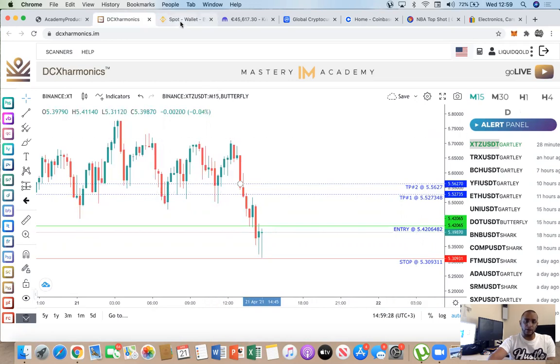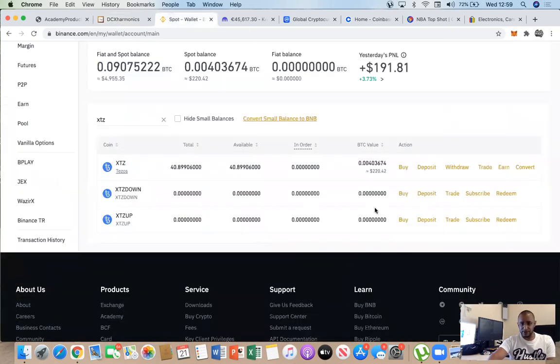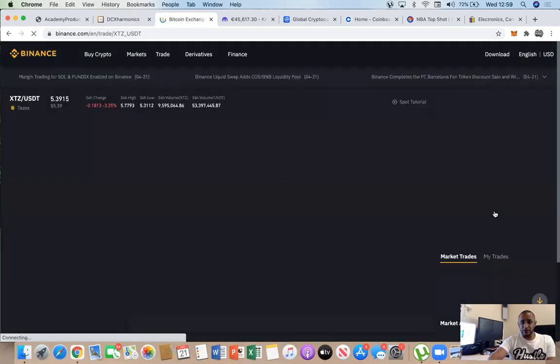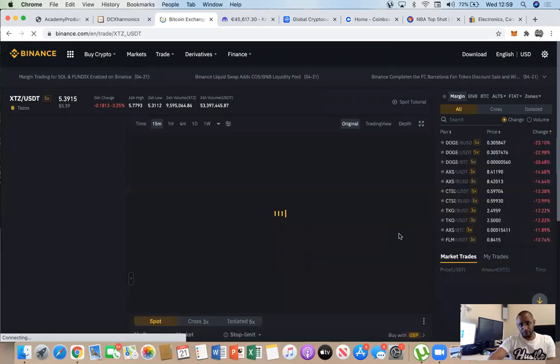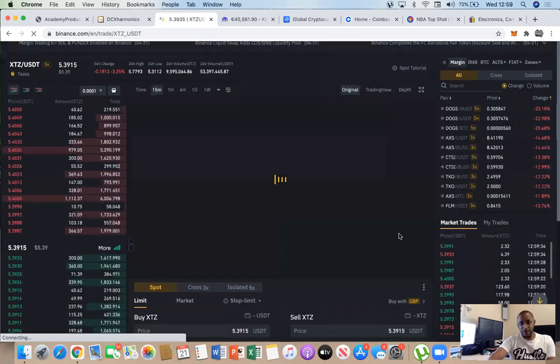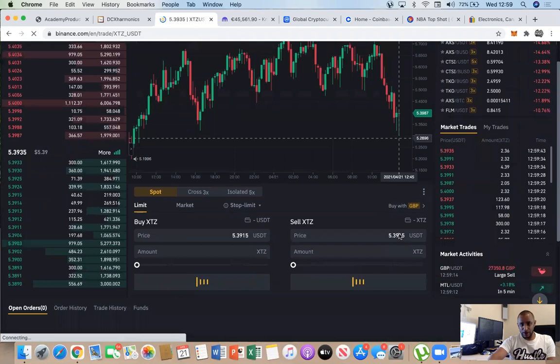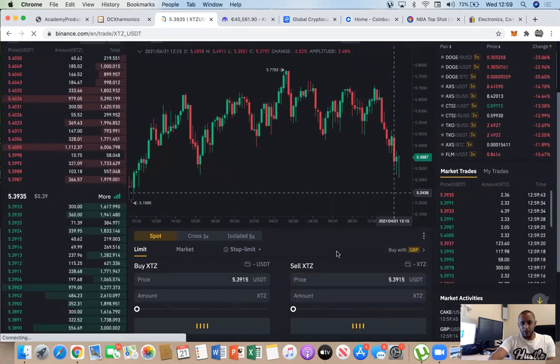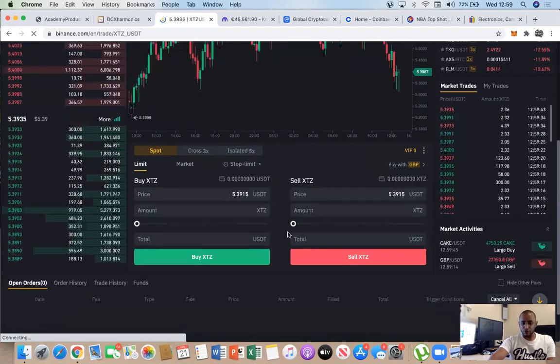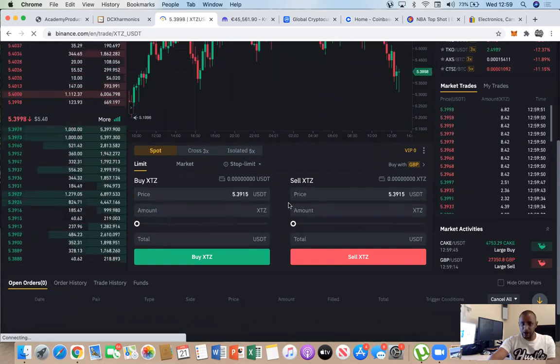Now I'm going back into my Binance. I'm going to click on trade, open up my XTZ USD, and place a sell limit. I'm going to place a sell. So when my position reaches a price, I want it to sell.